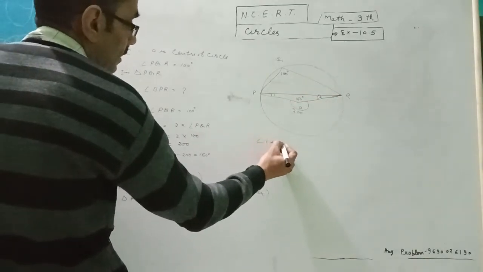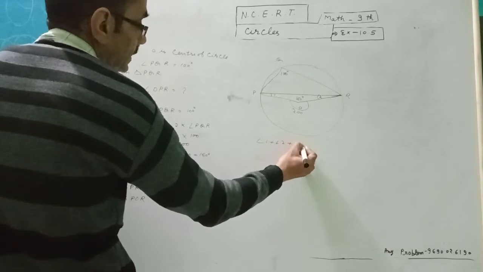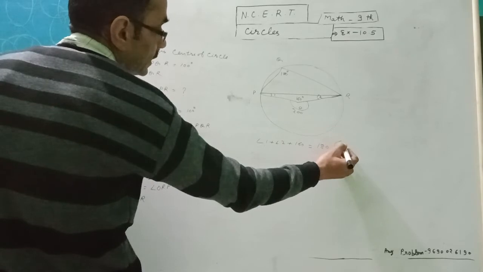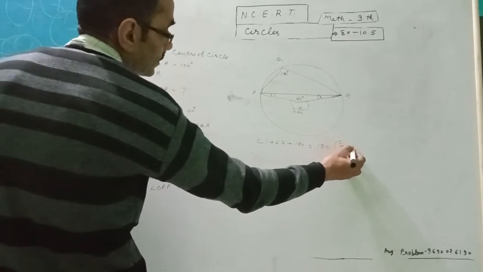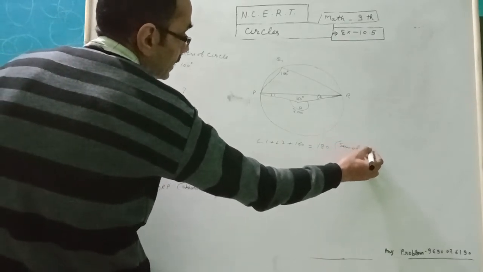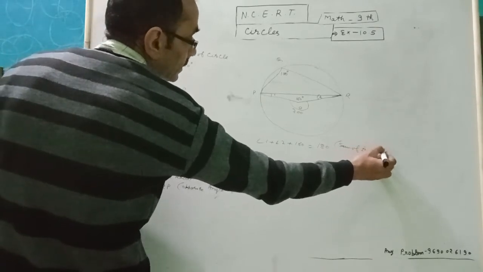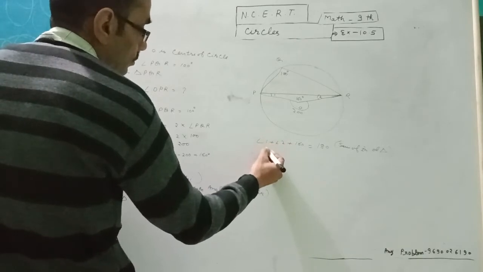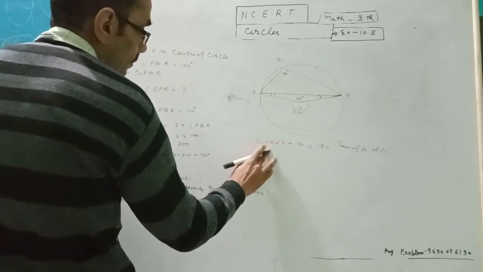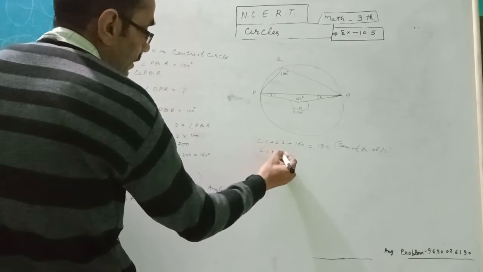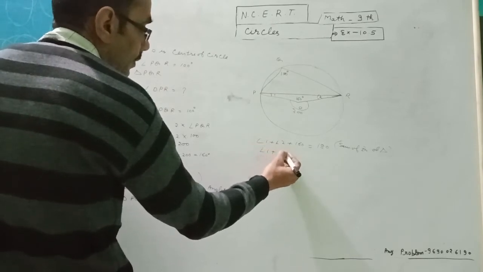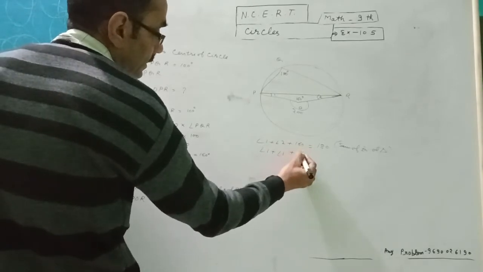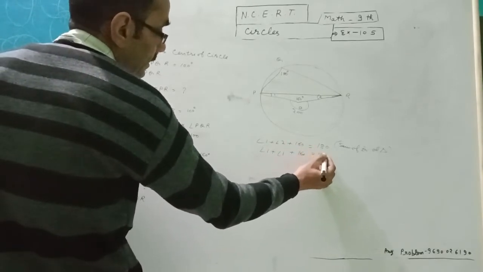Angle 1 plus angle 2 plus 160 is equal to 180, the sum of interior angles of a triangle. Angle 1 is equal to angle 2. Angle 1 plus angle 1, we write 2 in place of 1, plus 160 is equal to 180.